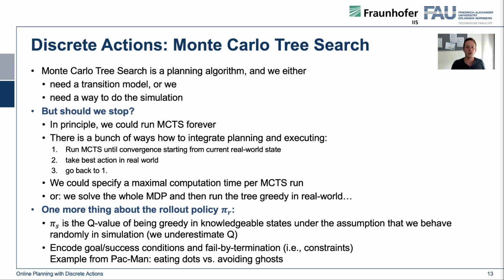So we actually encode constraints, which is a little bit tricky to implement. So you want to modify the rollout policy a bit. In this case, the rollout policy might not be a completely random policy. You might have some constraints like trying to stay alive as long as possible.